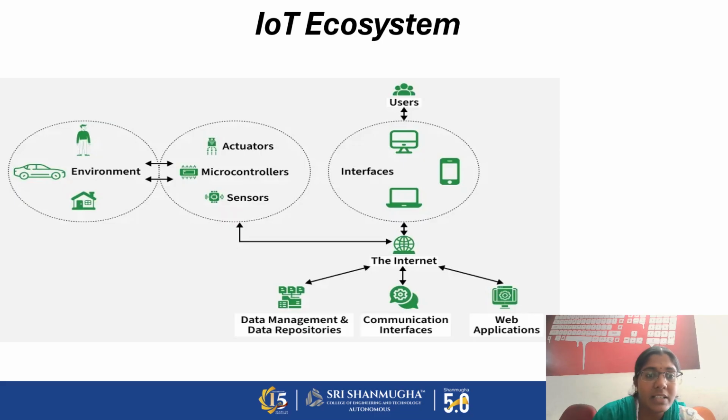These sensors collect the data from the environment, and after processing the data, the output is given to the environment through the actuators. The microcontrollers process the sensor input, and after processing, the output is given to the actuator through the microcontroller.